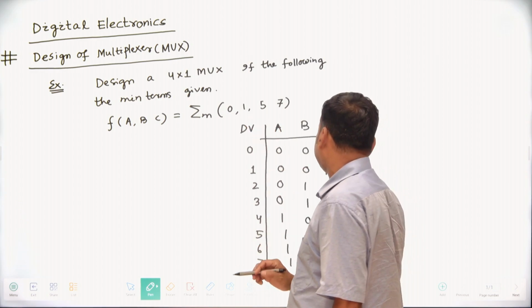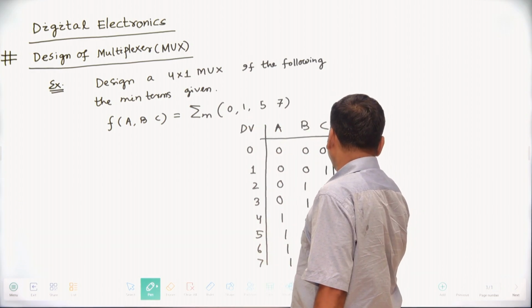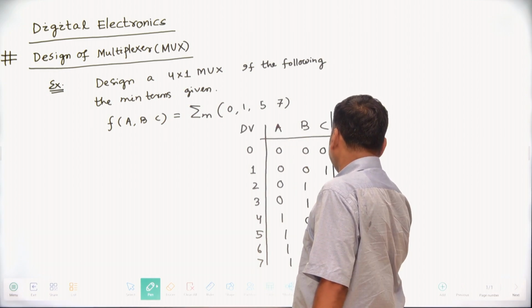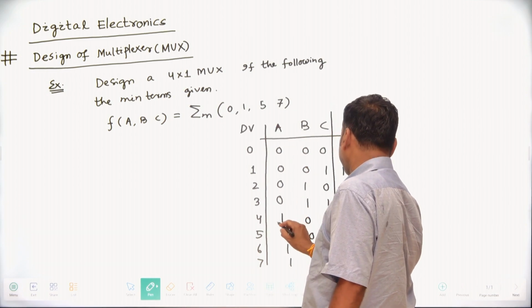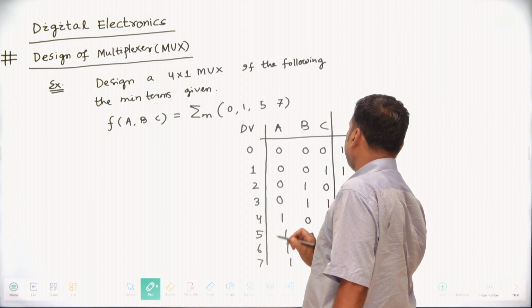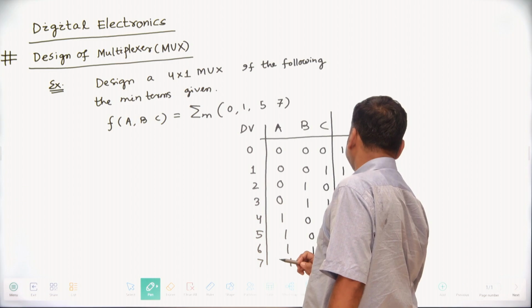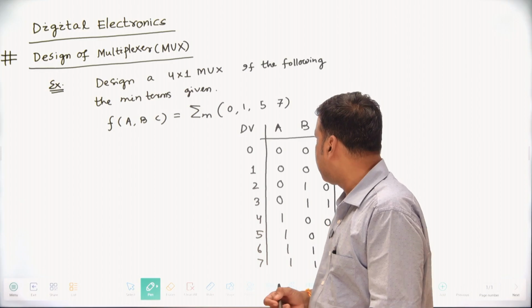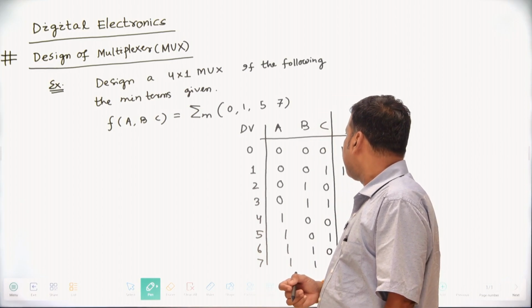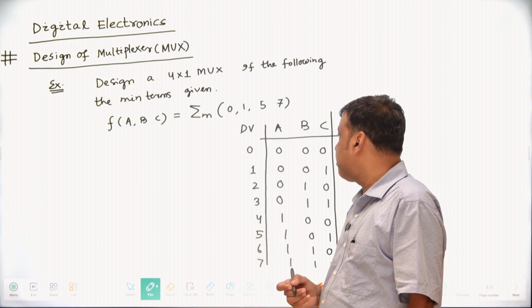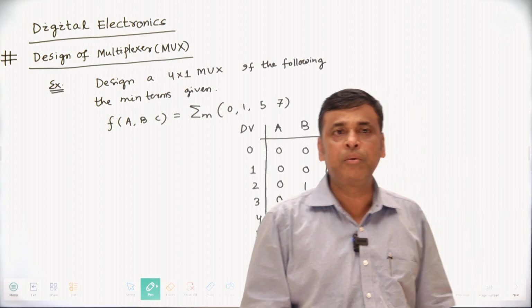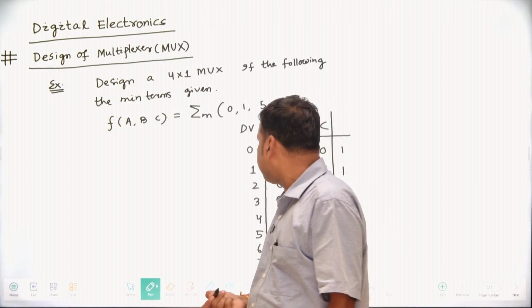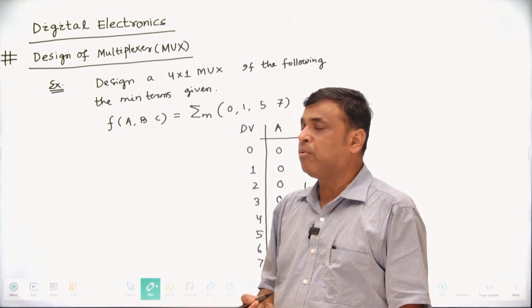That means the minterm is present at 0, at 1, at 5, and at 7. Except these 4 minterms, since there are 3 variables, there are 8 minterms in total. Already I told you, a minterm is nothing but a product term, so it represents either 1 or 0.